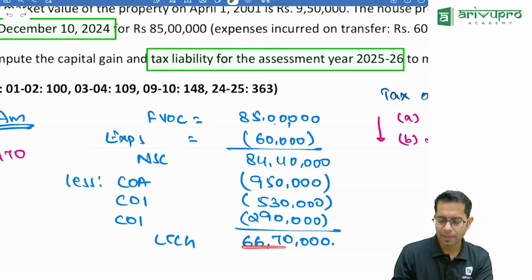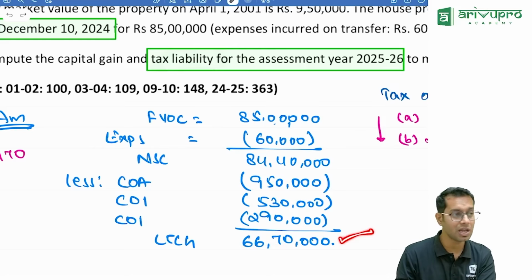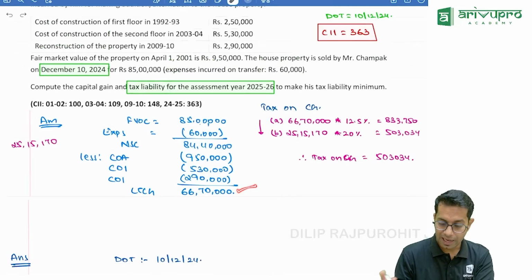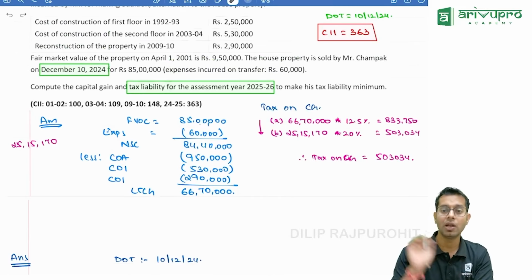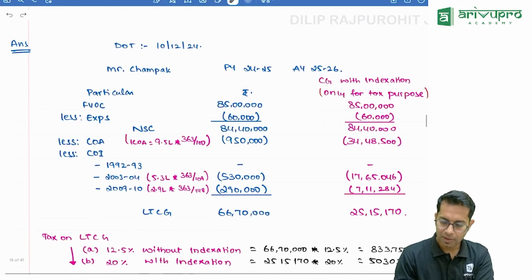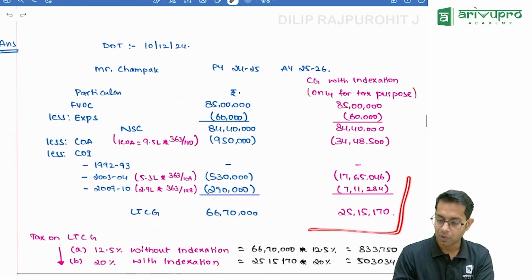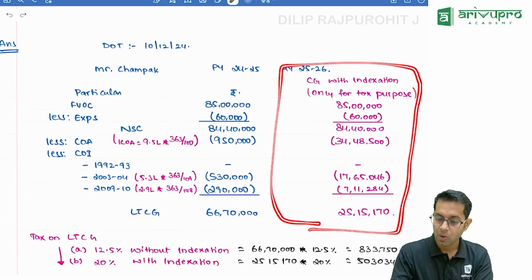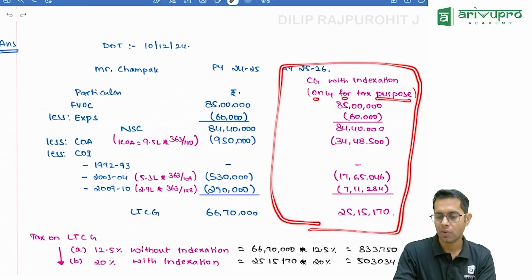So long-term capital gain will be how much, sir? 66,70,000. Can I say without indexation I have found this? Correct, no? So gain should always be computed without indexation. Now, if they ask you to find the tax, I will have to recompute this gain. I am recomputing this gain only for tax purpose. What am I writing?